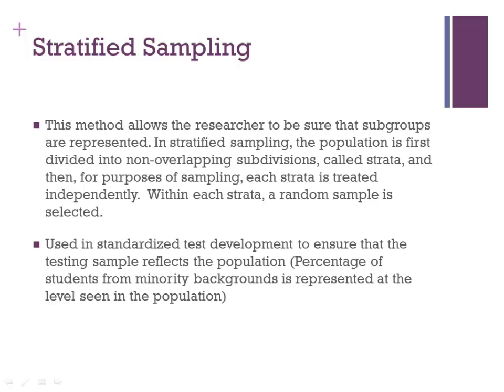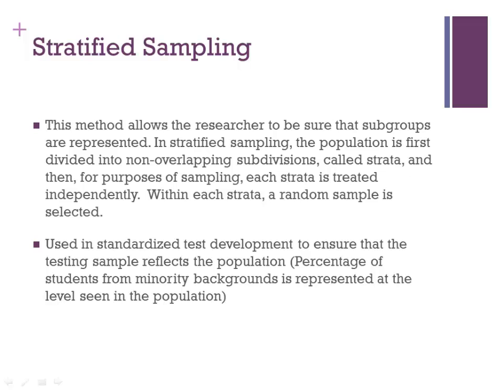So let's say, for example, people from different minority backgrounds. And what you do is you try and achieve a sample where the number of people in your sample is matched with the number of people or the percentage of people in the population of that background.